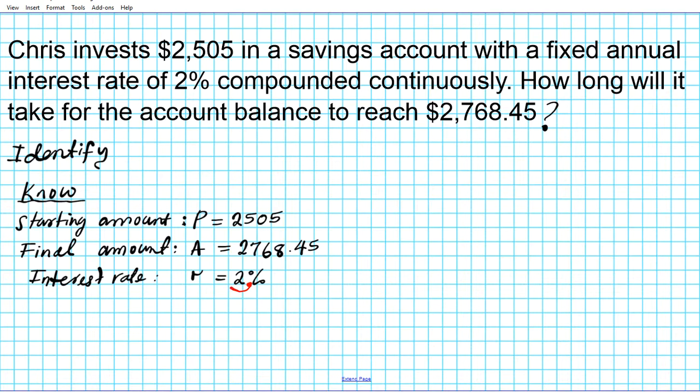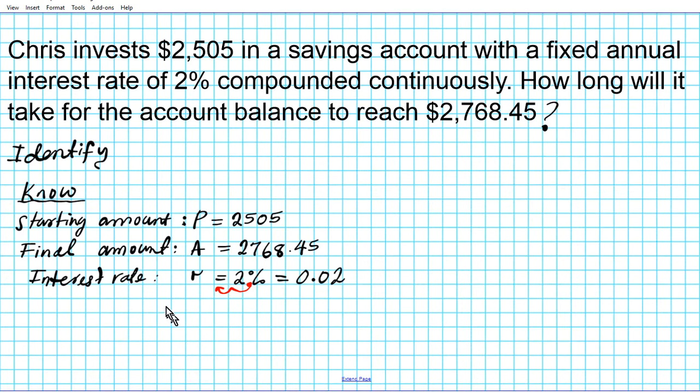Okay? So if you move the decimal point 2 places to the left, 2% is equivalent to 0.02. Okay, so quick reminder, do not forget to change your interest rate from percent to decimal form before you substitute it into the appropriate formula.